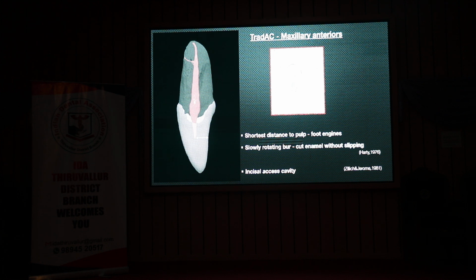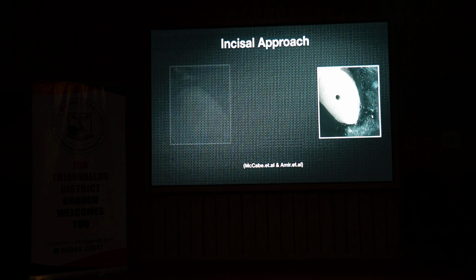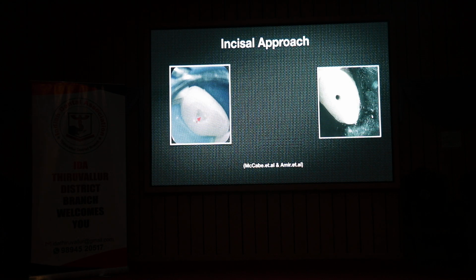But the chances for you to identify the root canal are much higher in the center of the tooth. We don't want to deviate too much. So incisal access opening is much more ideal for all these obliterated anterior cases. In fact, we have all started doing the access much more towards the incisal even for routine cases, because that's where the straight line access to the root canal is.